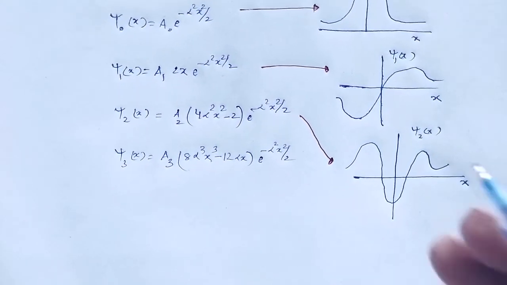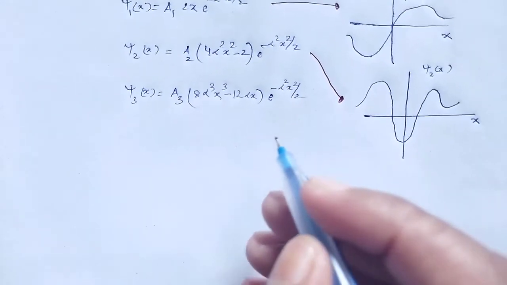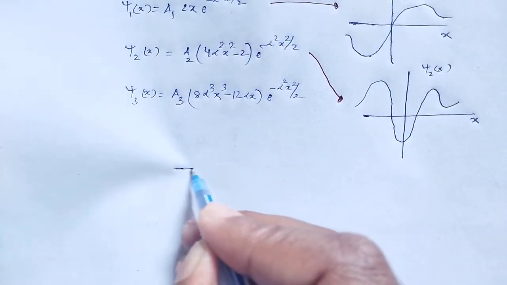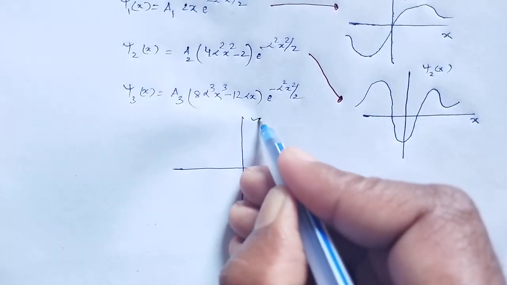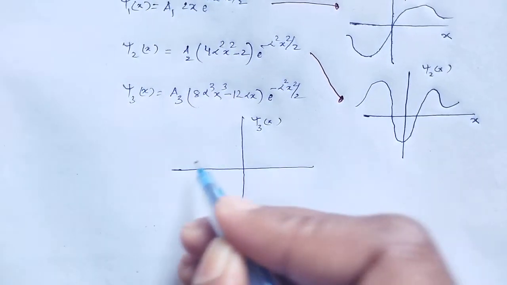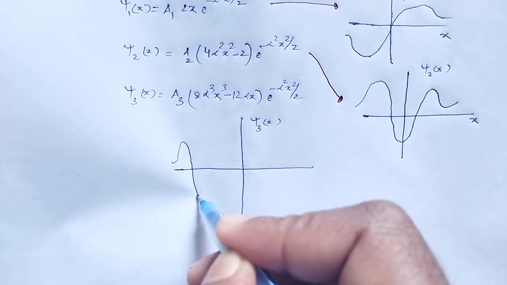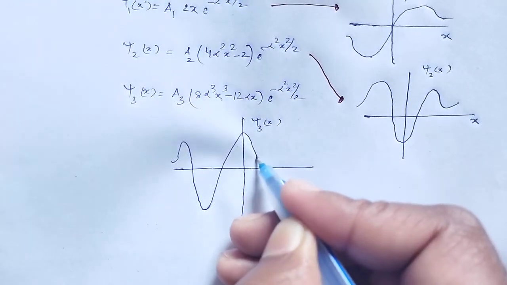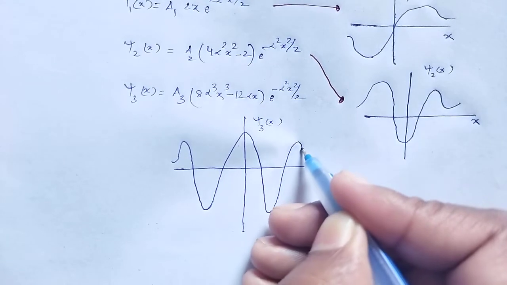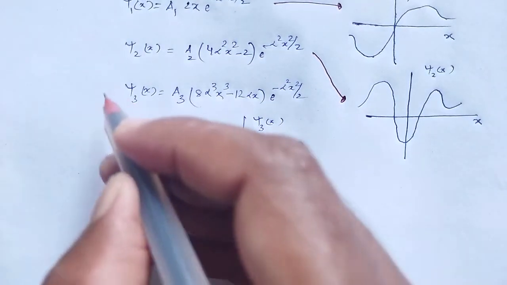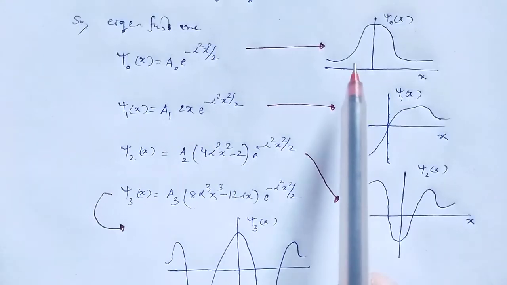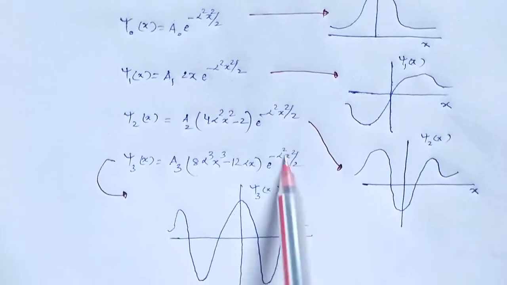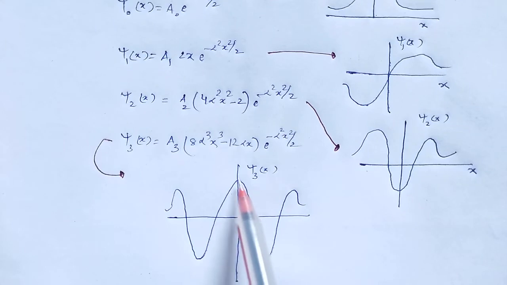Then for psi 3 of x. This is the graph for psi naught x, psi 1 x, psi 2 x, psi 3 x.